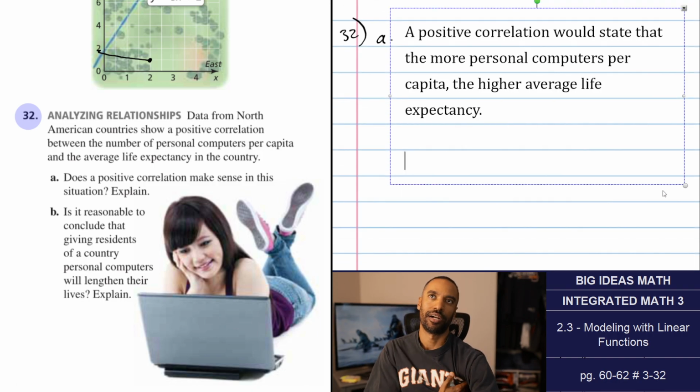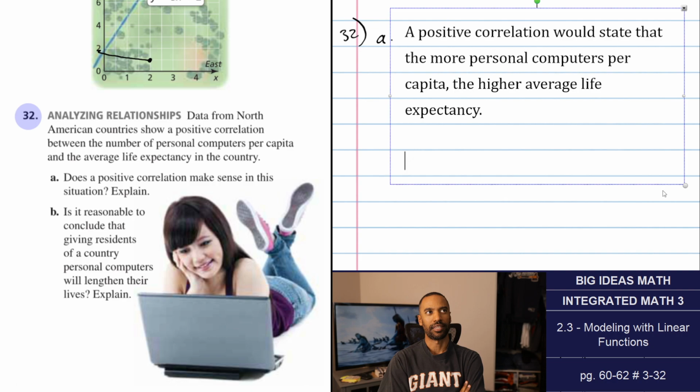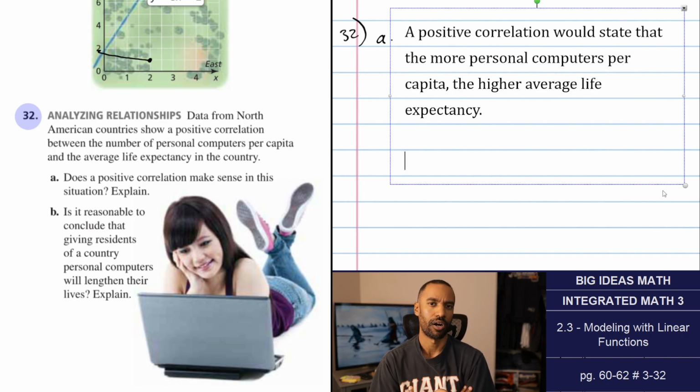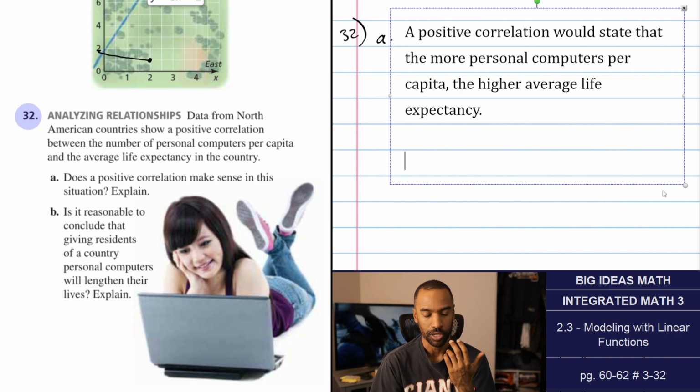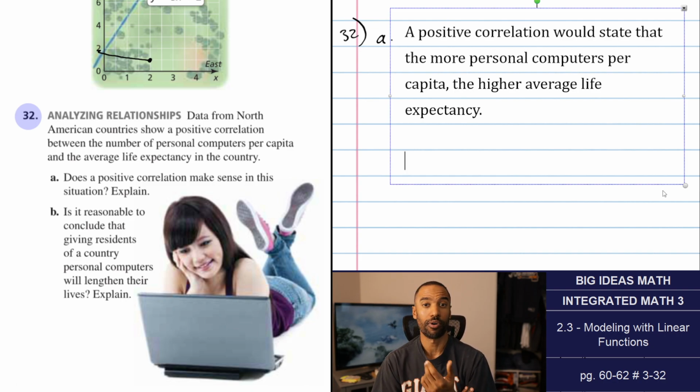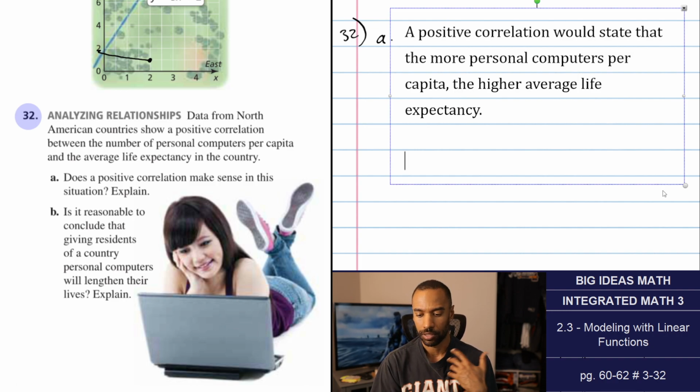There are two ways I can go about it. When I'm thinking personal computers, I can think they can research things more, but that doesn't have to do with personal computers. Personal computers to me are a luxury item. They're not essential. They're something you can afford. Higher life expectancy might be somewhere that you can afford something more. Maybe you have a good secure job.